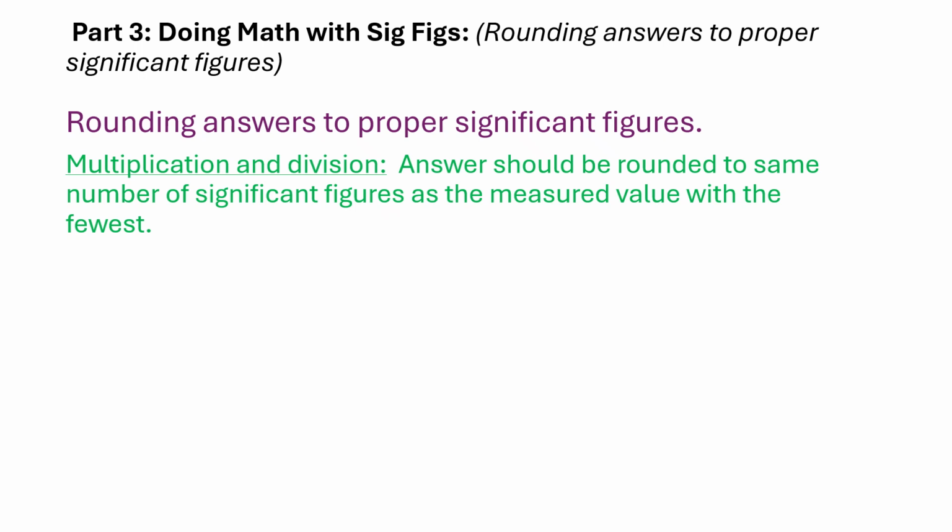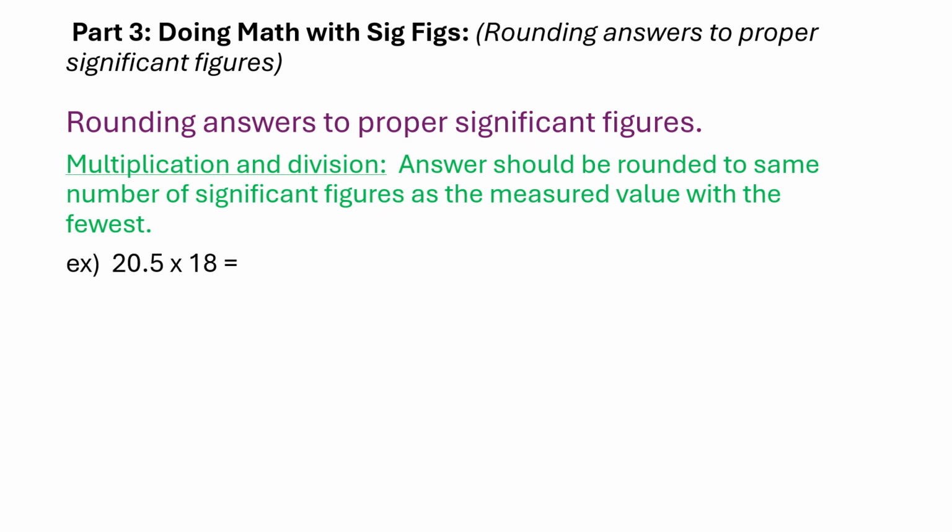That just means if you were multiplying or dividing a measured value by a counted value, like we talked about in class, finding the average height of students in class, the counted value would not get considered when it comes to significant figures. But usually, all the numbers you put into your calculator, in most cases, are going to be measured values. And so let's take a look at an example.